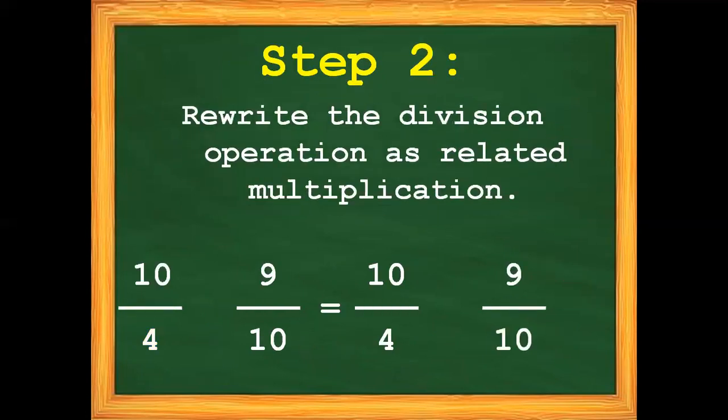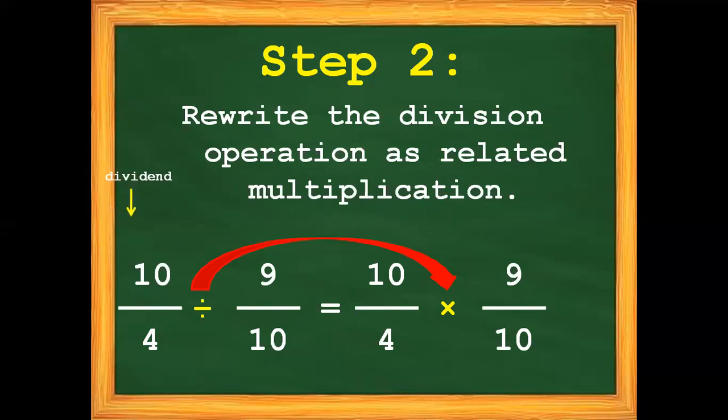Step number 2. Rewrite the division operation as related to multiplication. 10/4 divided by 9/10. Change the division sign into a multiplication sign. So we now have 10/4 times 9/10.